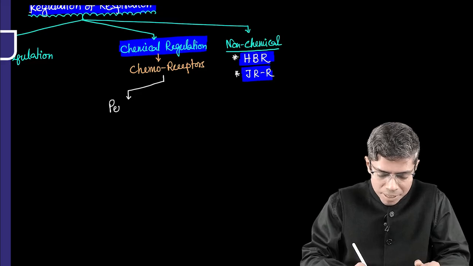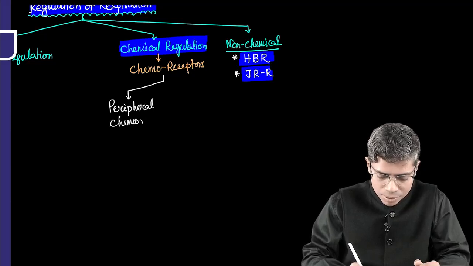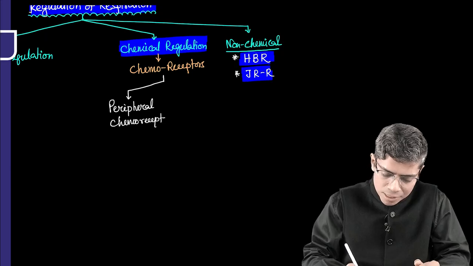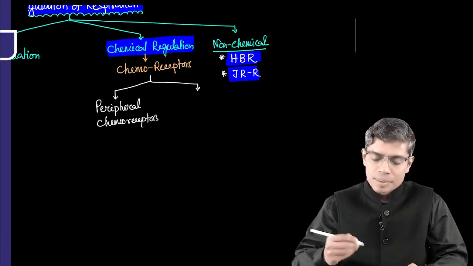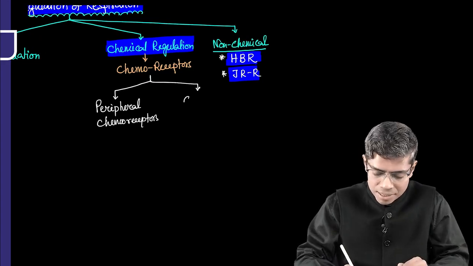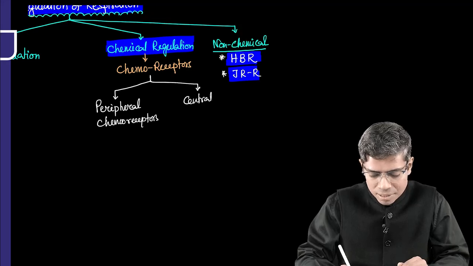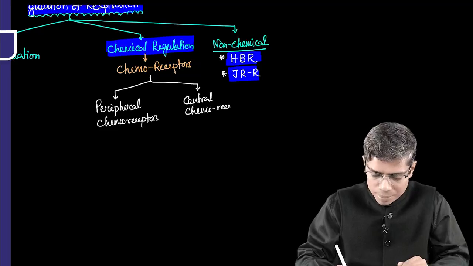One is peripheral chemoreceptors, as well as certain areas of the CNS where chemoreceptors are also located, known as the central chemoreceptors.